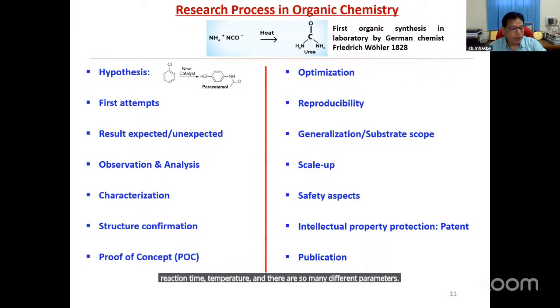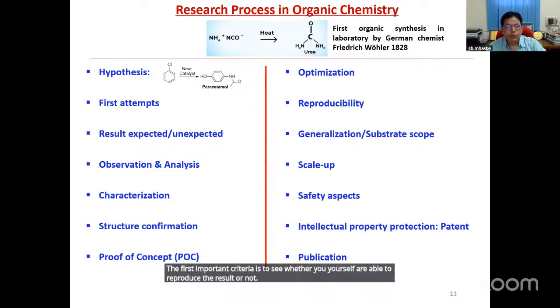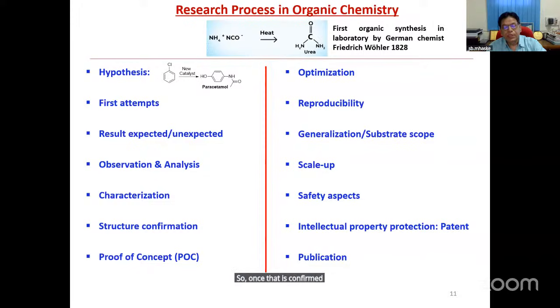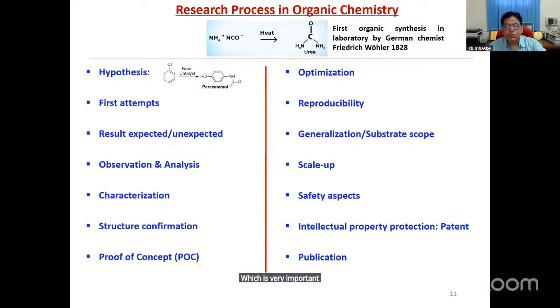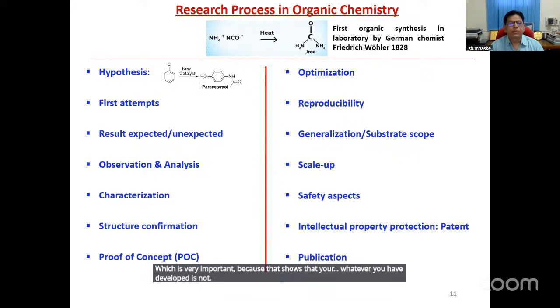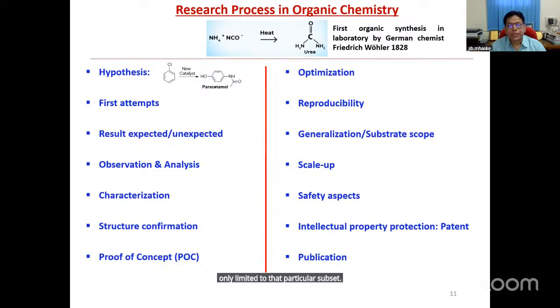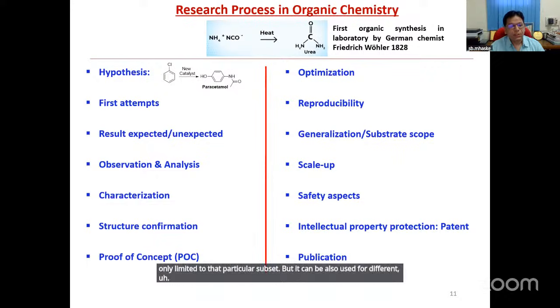The first important criterion is to see whether you yourself are able to reproduce the result or not. Once that is confirmed, you can think of generalization or substrate scope, which is very important because that shows that whatever you have developed is not only limited to that particular substrate, but can also be used for different substrates with different substituents.